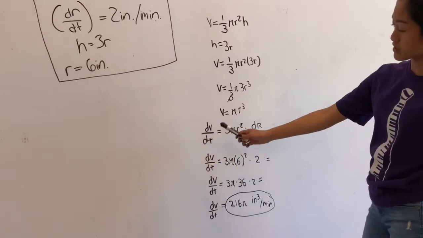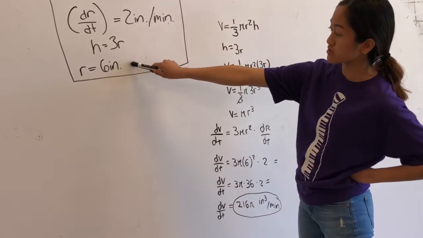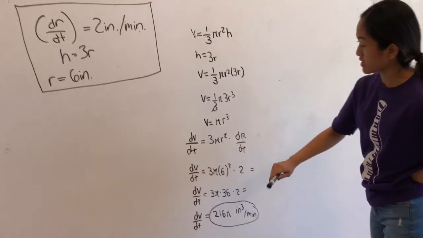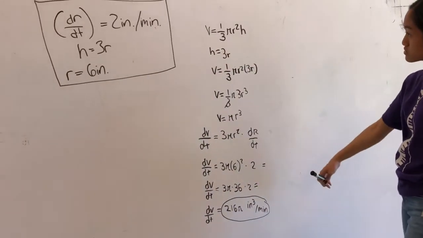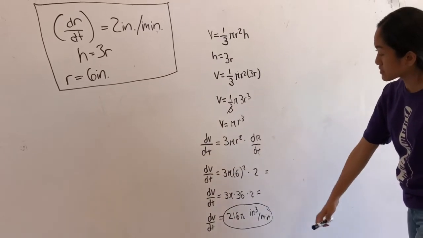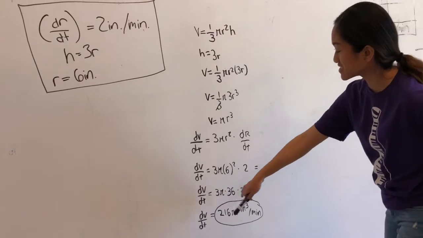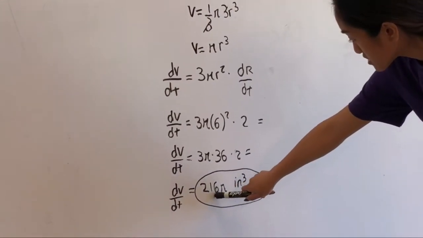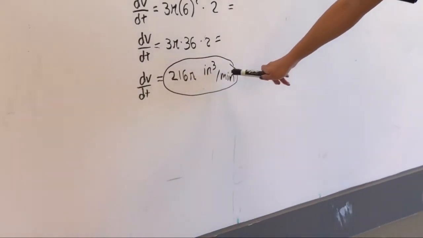After that you can plug in r, which they gave you, which was 6, and it also said that dr over dt is equal to 2 inches per minute, so you can plug that in too. And then basically you solve for it, and you'll get 216 pi inches cubed per minute.